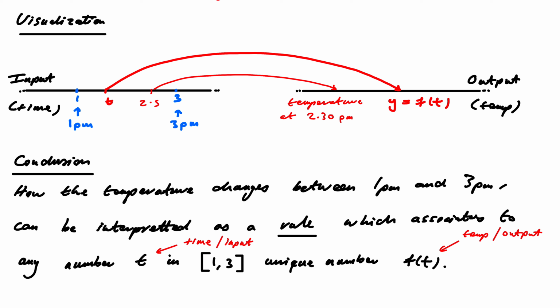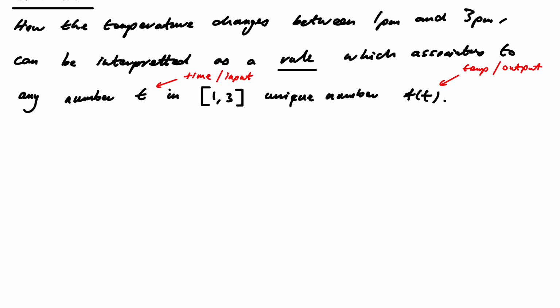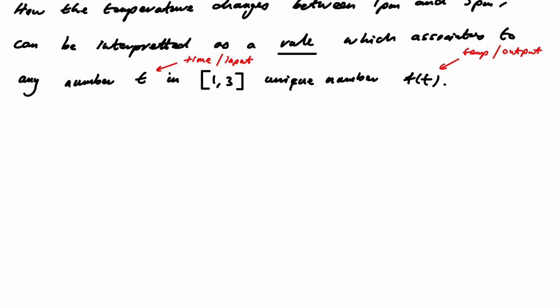So these two different situations are examples of what we are going to call a function. We've got two very different examples, one common abstraction. That's a nice way to think about this.